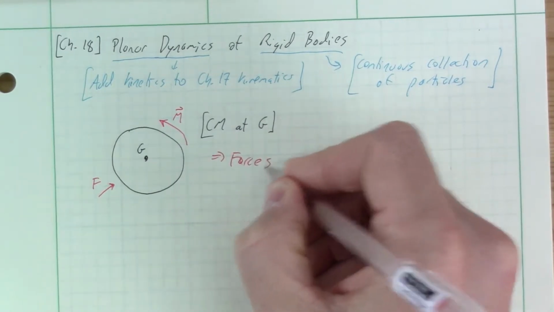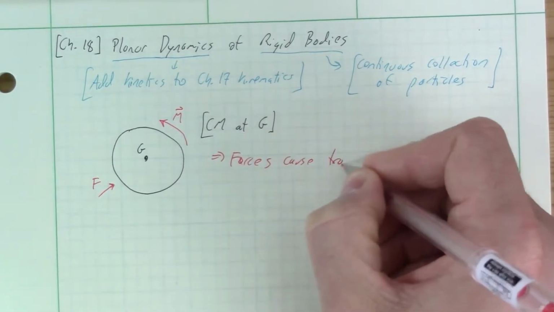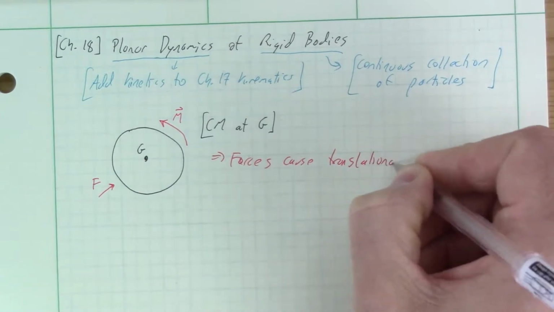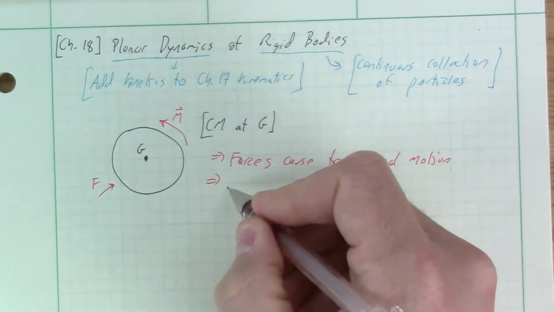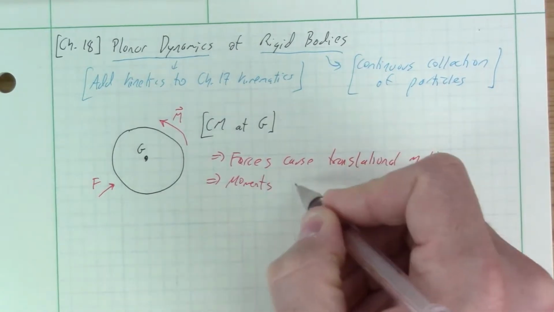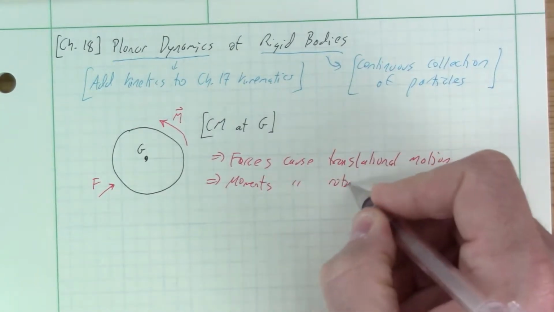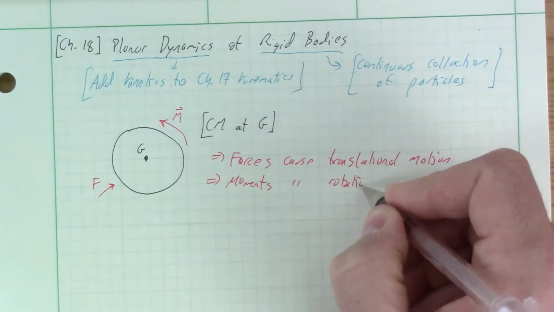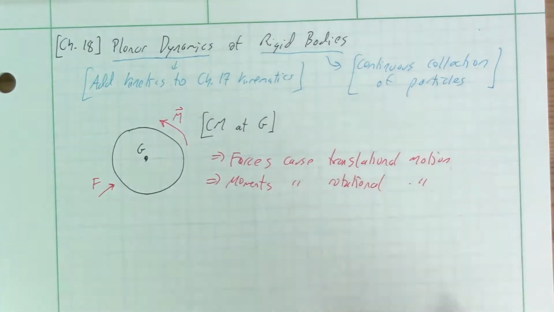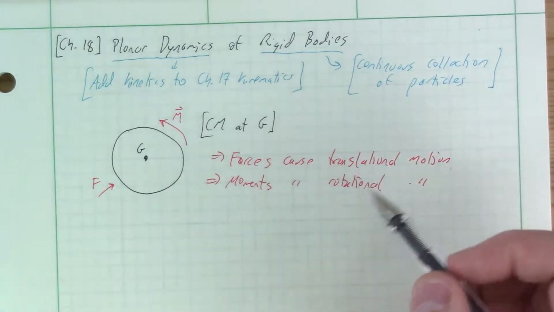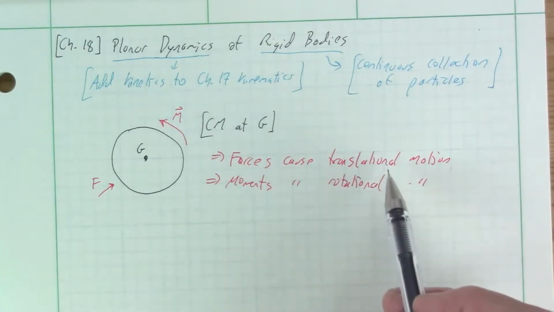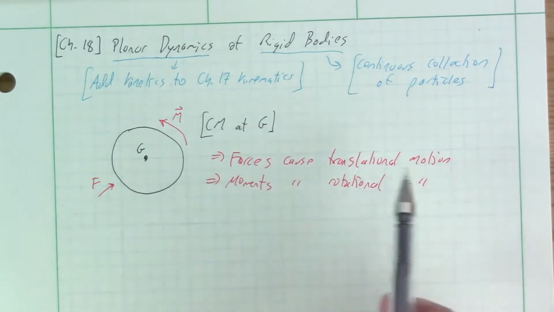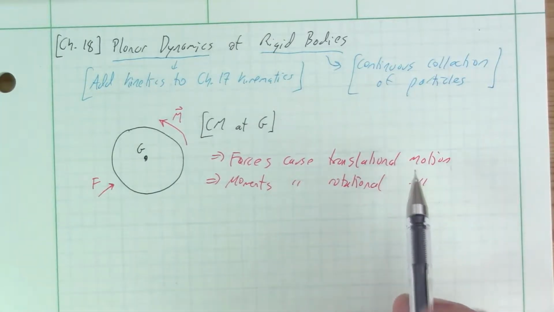Forces cause translational motion. And it turns out what we're going to get to is that moments cause rotational motion. This is basically Newton's second law as we know it. Forces cause translational motion. Forces cause accelerations, linear acceleration.